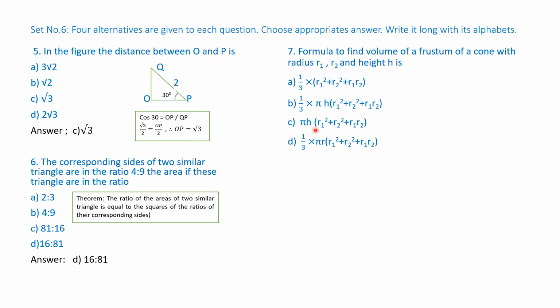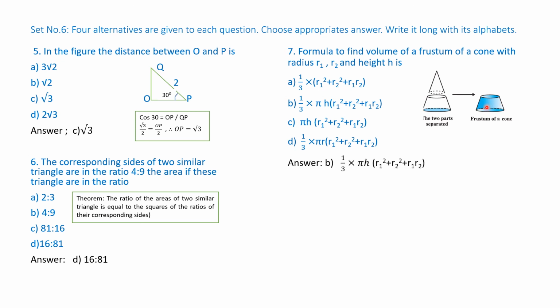Option D is 1 by 3 into pi r into R1 square plus R2 square plus R1 R2. We simply have to remember the formula for volume. Please underline volume of a frustum of a cone. See, this is the frustum of a cone and we have to know its volume.